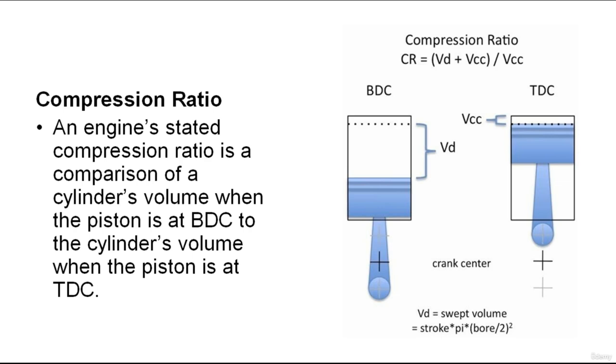The higher the gasoline octane rating, the less likely it is to explode. As the compression ratio increases, the octane rating of the gasoline should also be increased to prevent abnormal combustion.